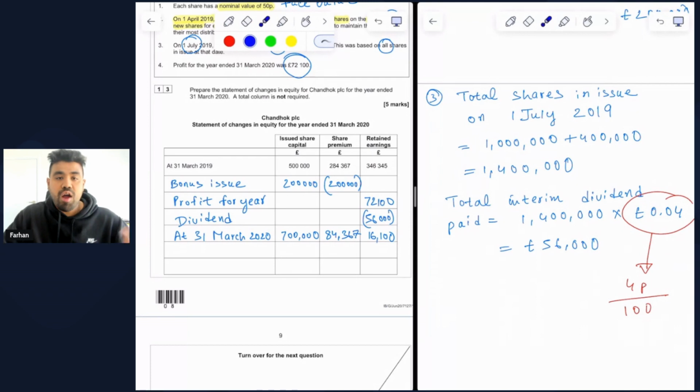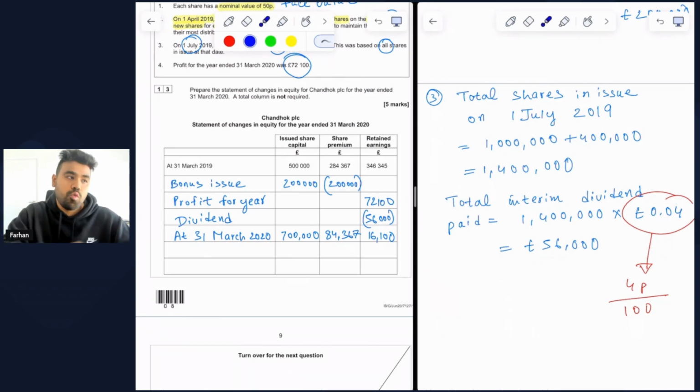So now that we have derived the monetary value for dividend to be 56,000 pounds, dividends are paid out of profits, which means it should reflect a reduction in the retained earnings, because retained earnings refer to reinvestment of earnings after the dividends have been paid out from the profits. So that is why in the retained earnings section, we are including dividends as 56,000 in a negative. So the negative here simply refers to the dividends being paid out of profits or being paid out of retained earnings.